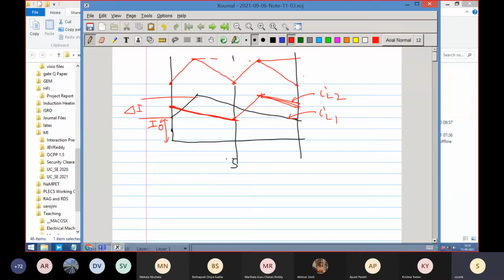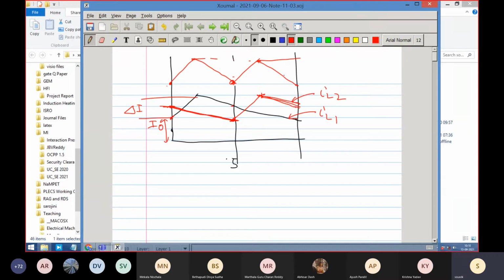If you look at it, why I'm saying their summation, this black value here is equal to the red value here, right? So this is becoming periodic at double the frequency of the individual inductor current.